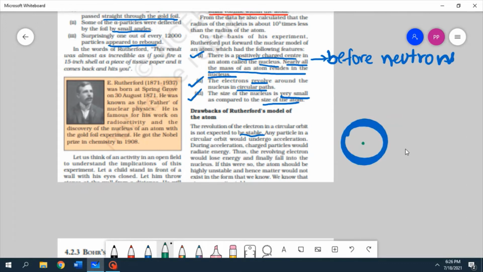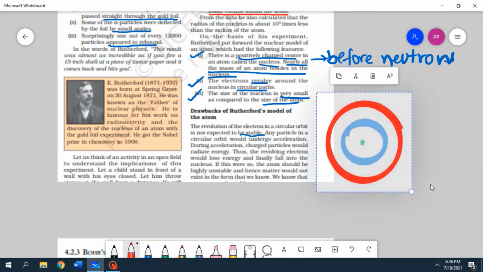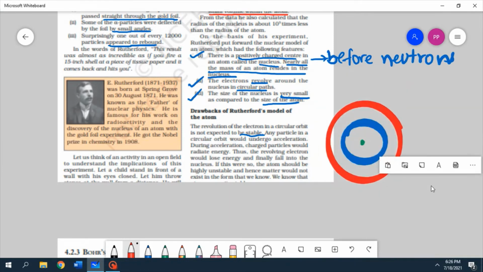He said if this is a nucleus, if the green part is the nucleus, the red and blue parts were the orbits, or the circular paths. So let's take black. If this is an electron right here, and if this is an electron right here, they're continuously moving, I don't know, clockwise, anti-clockwise.